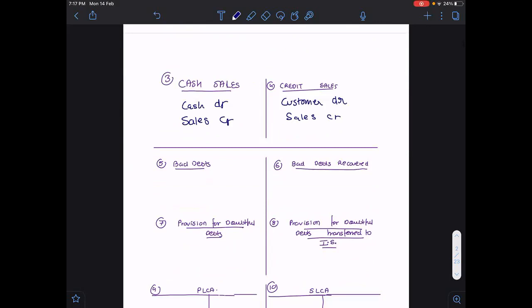Here also have to put the ledger. Cash in nominal ledger. Cash account is a ledger itself. It is a journal as well as a cash book.